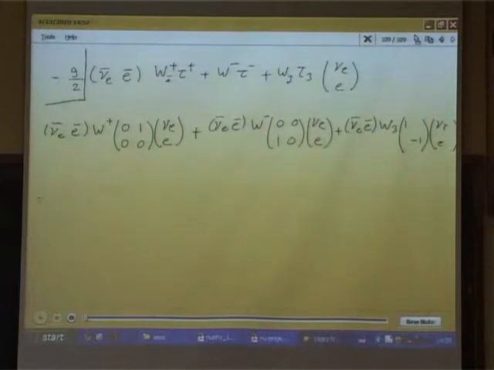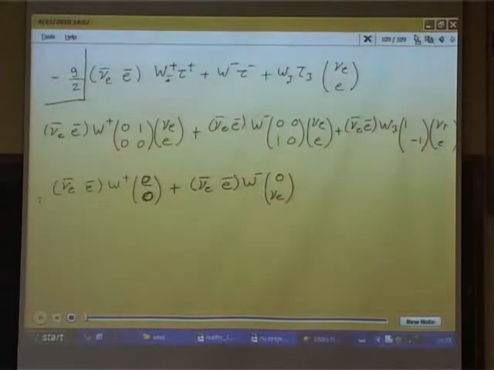So let's see what this becomes. 0, 1, 0, 0 would mean 0 E. So this is U E bar W plus 0 E, E0, sorry. Plus U E bar W minus, how is it? 0 U E 0 U, plus U E bar W3 times 2E minus.